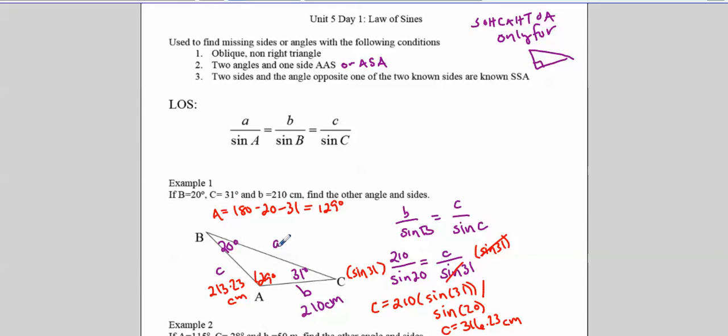And now I have enough information to find side A. In order to have as little error as possible, it's best to go back to your original information instead of using the information you just found.